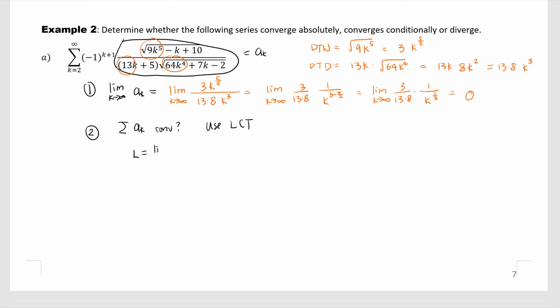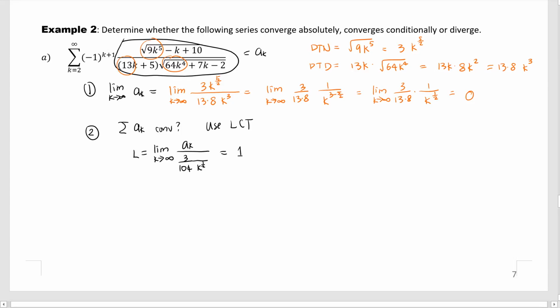So L is the limit as k goes to infinity of a sub k over our p series, which is 3 over, what's 13 times 8? 13 times 8 is 104, and then we have k to the 1/2 down there.